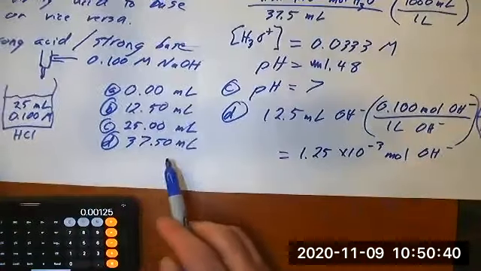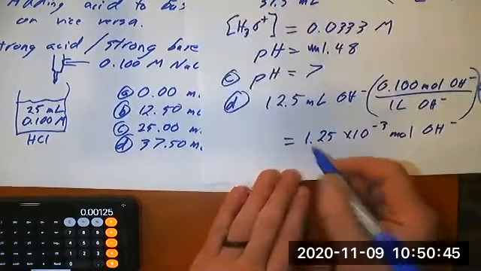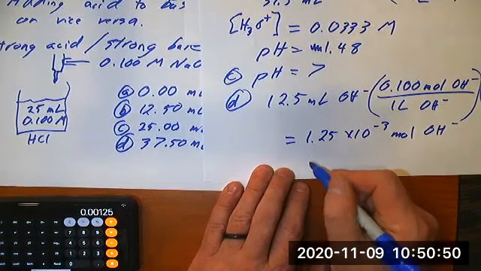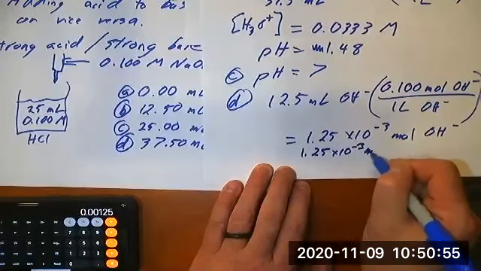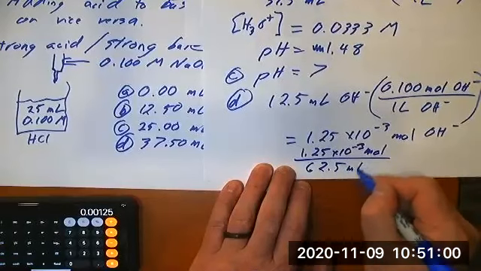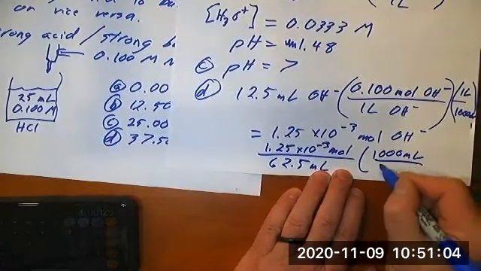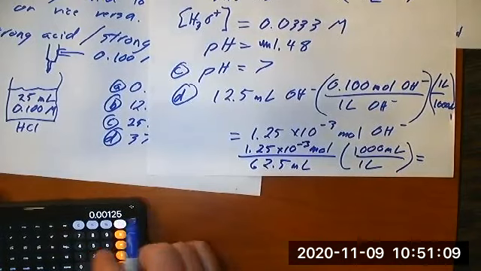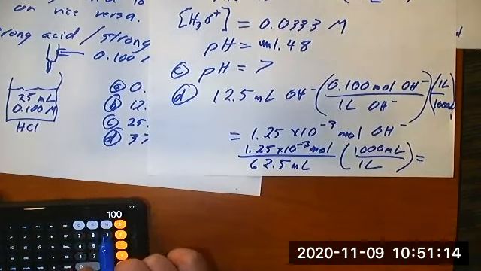Our volume at this point is 25 mils plus 37.5 mils. So we have 62.5 mils. So 1.25 times 10 to the -3 moles over 62.5 milliliters, 1,000 milliliters over 1 liter. And we find our concentration divided by 62.5 times 1,000.